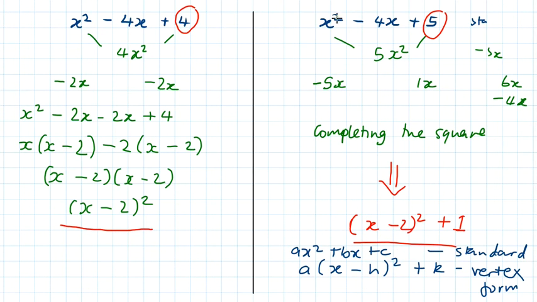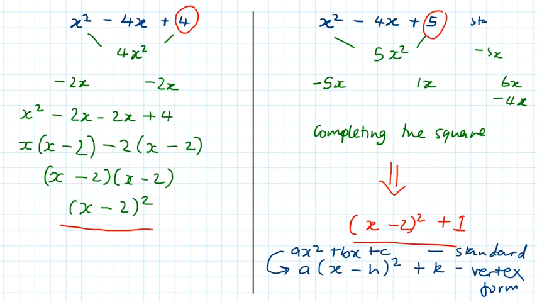Also, this is an example of a standard form. So when we are completing the square, we move from the standard form to the vertex form. When we complete the square of this quadratic equation, we get x minus 2 squared plus 1. So how did we get to this final result?